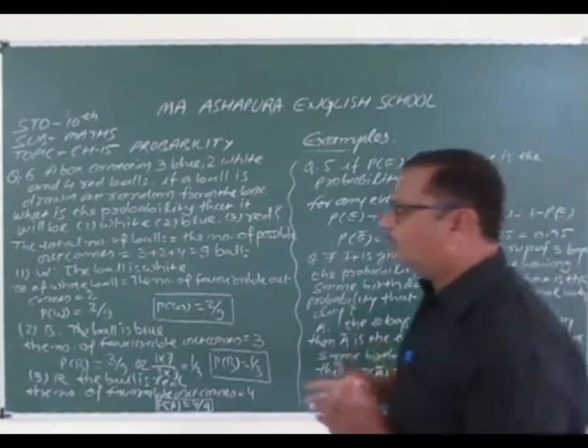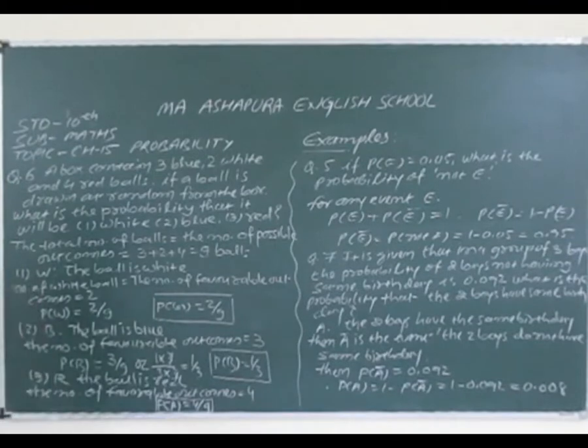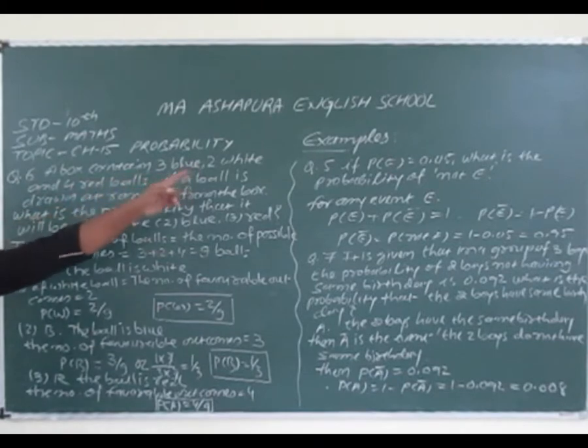So first of all, we discuss question number 6 from the textual exercise. Let's see the blackboard and read the question with me. Question number 6 is, a box contains 3 blue, 2 white and 4 red balls.